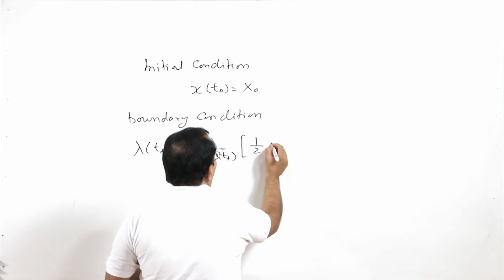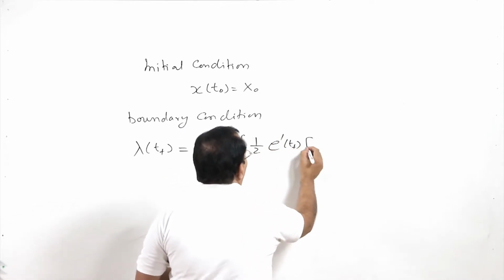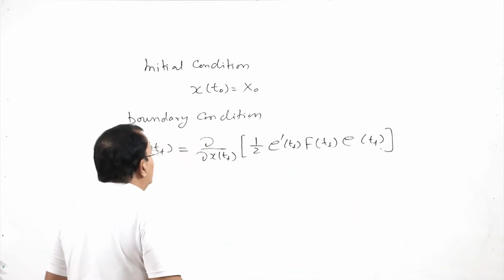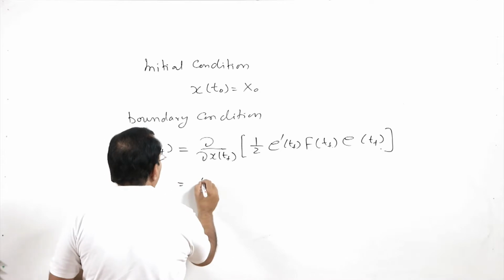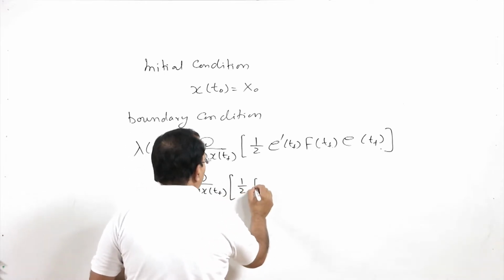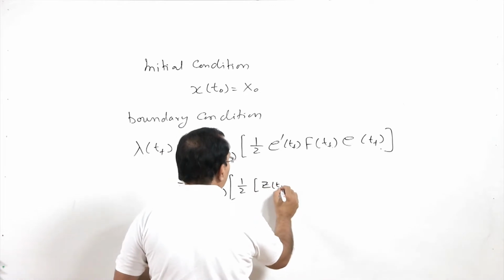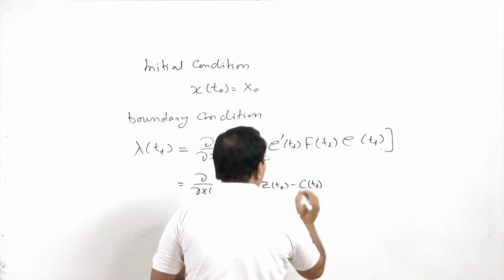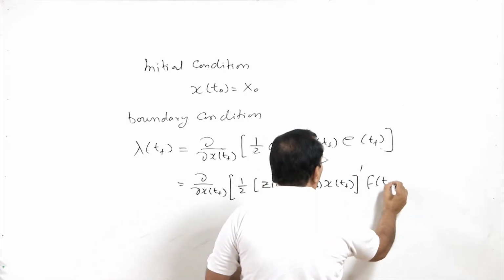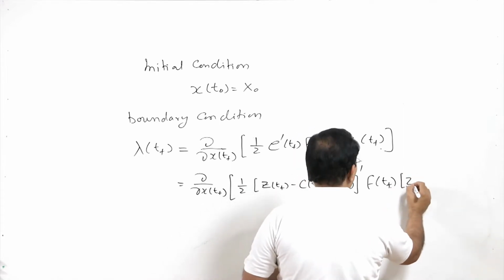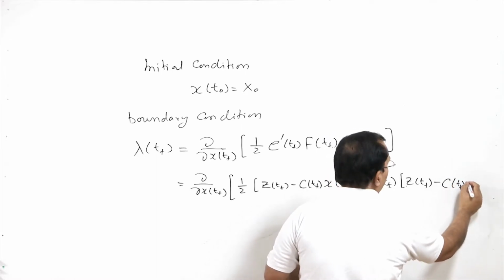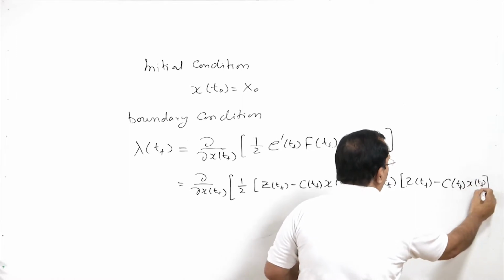with my terminal cost being half of e prime of T f, F of T f, e of T f, and e is nothing but my z minus C x of T f, prime, F of T f, and this is z of T f minus C of T f x of T f.